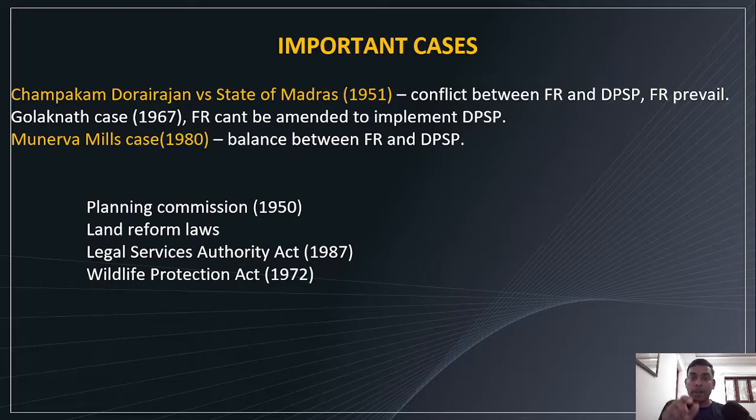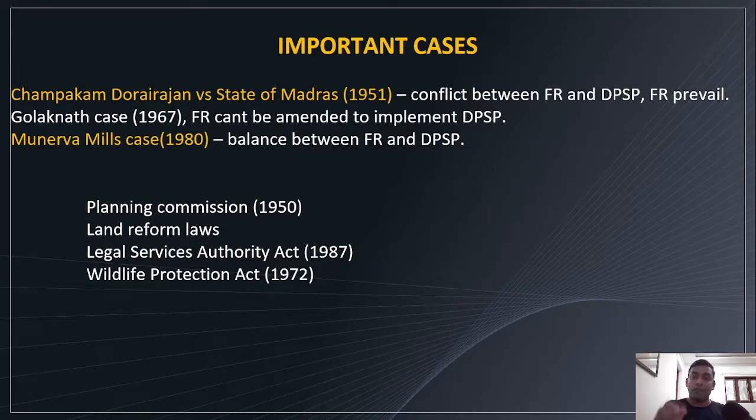Fundamental rights are negative, because the state cannot violate fundamental rights. State has some limitations and restrictions on doing something to the fundamental rights or violating them. But DPSP is a positive obligation. State can do many things using DPSP, or in the context of DPSP, for the welfare of the people, the social, economic, and political welfare of the people.